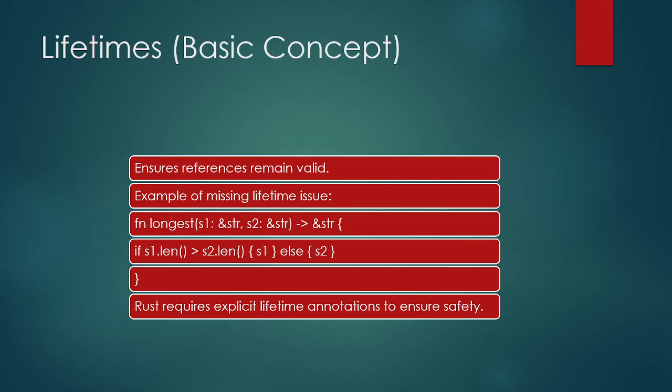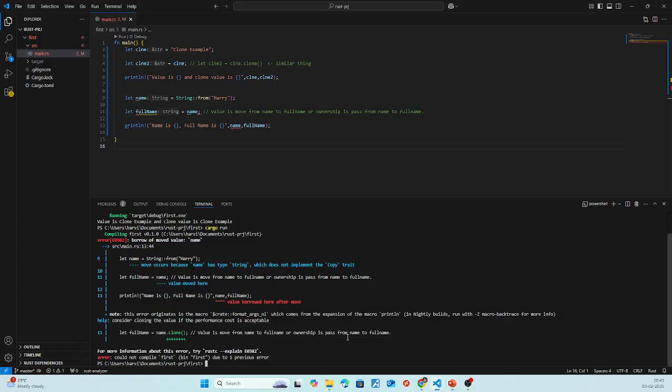In that scenario we have to tell the compiler that this operation can be performed at runtime, delaying the check from compile time to runtime. That is what lifetime does. I'll give you an example of it. I have already created an example.